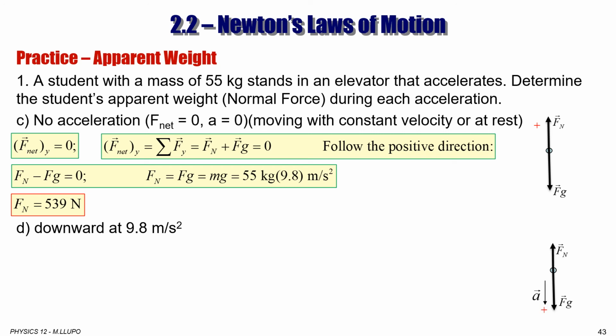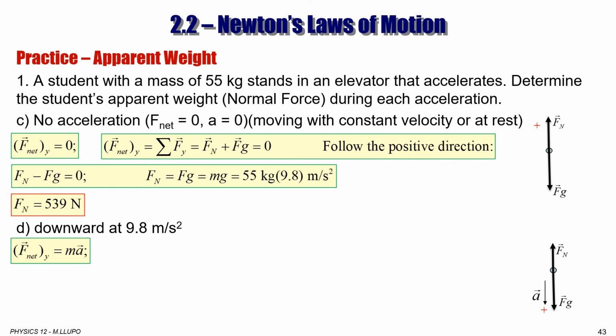So F net y is equal to Fn plus Fg. Those are two forces. Is equal to ma. Again, we follow the positive direction. It's down this time. So Fg is positive, Fn is negative, is equal to ma. And acceleration is always positive. We keep it that way to make it easier and not confusing.